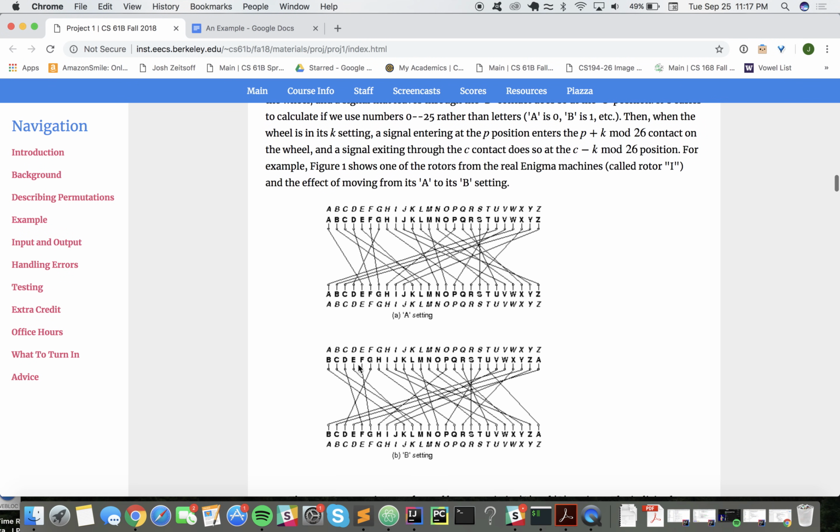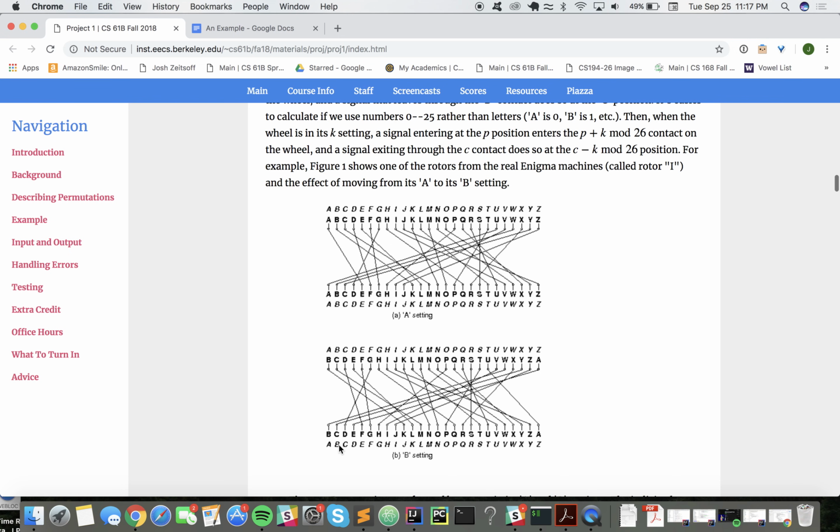So now on the other side, a signal exiting through the C contact does so at the C minus K position. So note the difference. When we're coming in, we add the setting. When we're going out, we subtract the setting. So here, something exiting at the C contact, so C is 2. We subtract the setting, which is 1, and actually exit at the B position.